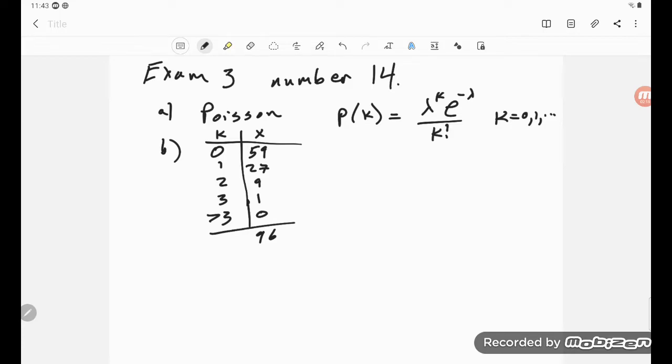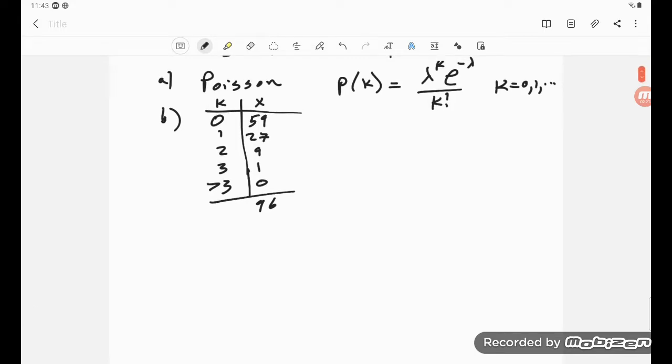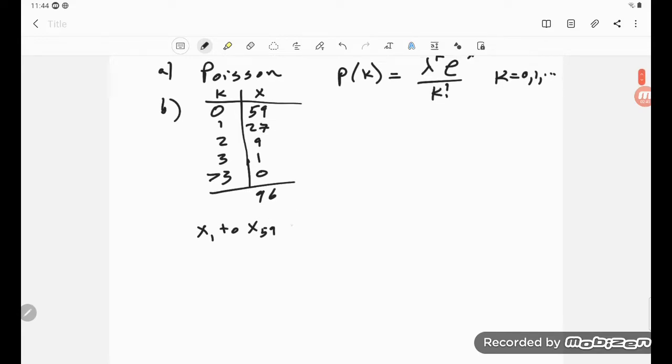Okay, now, so if we want to do a maximum likelihood estimate, what we have is actually there are 59, so if I start talking about like x1 to x59, those were all zeros.